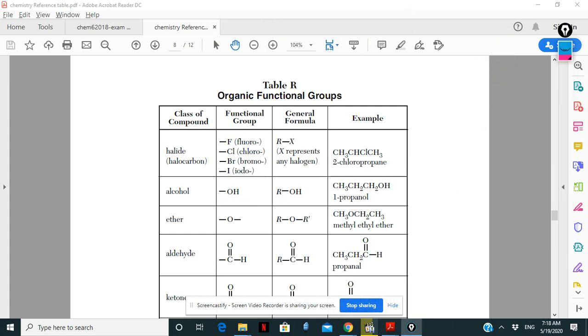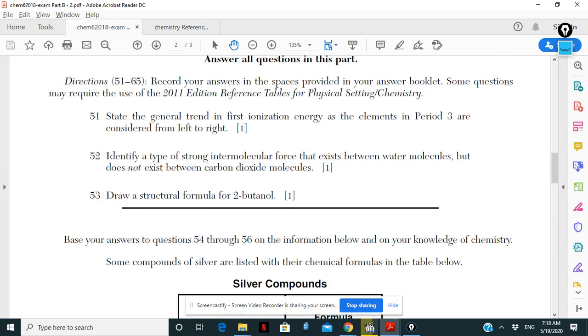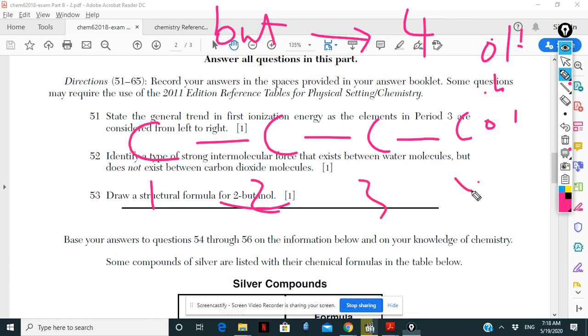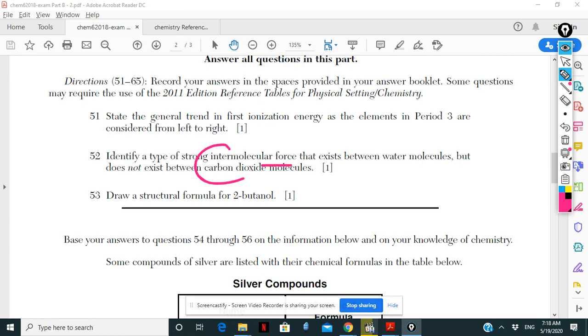Now I go to my question. He said 2-butanol, so butanol means I have 4 carbons. He said 2, so 1, 2, 3, 4. In position 2 I have OH, and the others are going to be hydrogen. So this is the final structure.